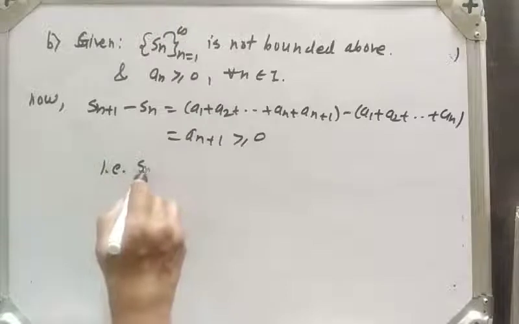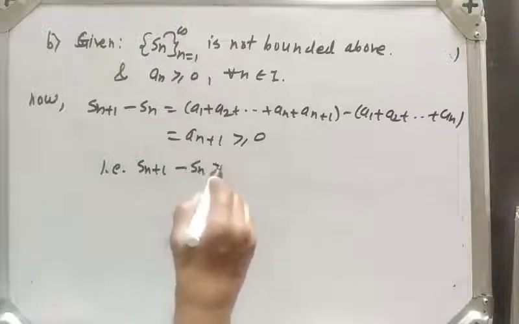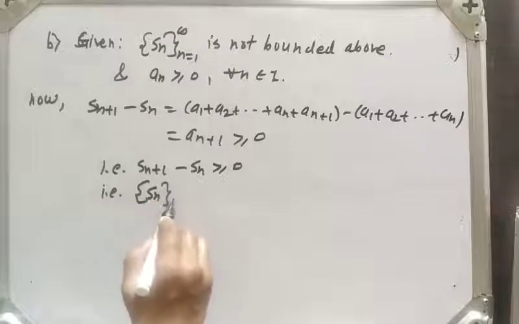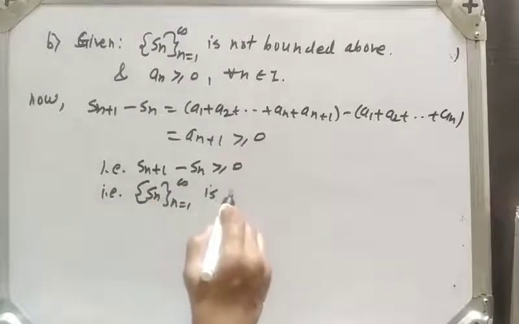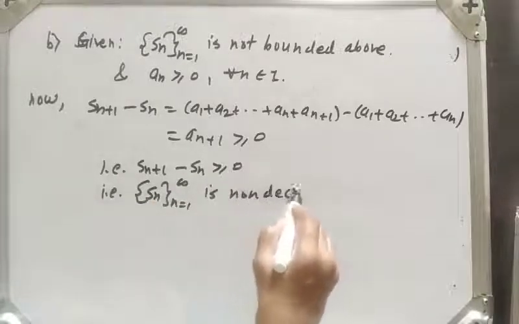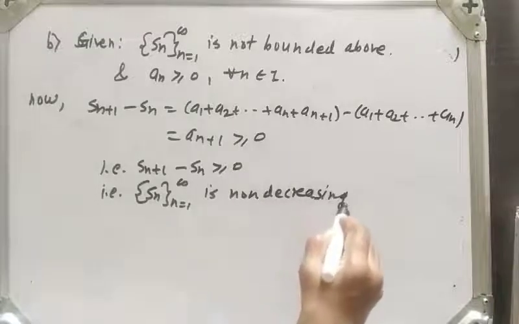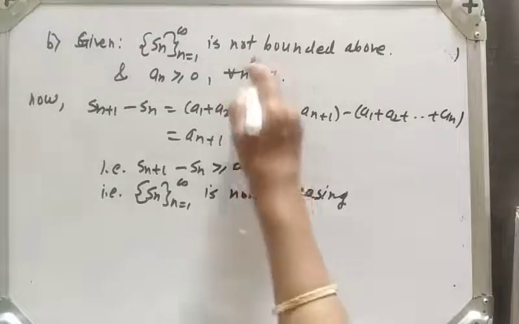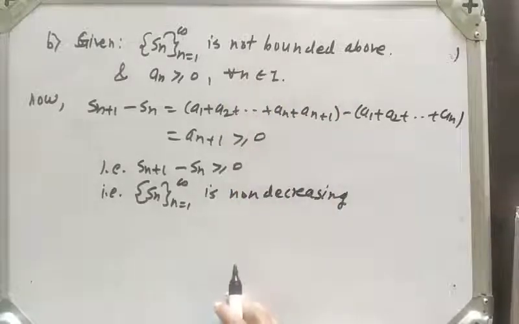That is, S_{n+1} minus S_n is greater than or equal to 0. What do we get? That is, the sequence S_n is non-decreasing. Okay. We have seen the theorem: if the sequence is non-decreasing, meaning you can consider it as increasing, and not bounded above, then by the theorem it will be divergent.